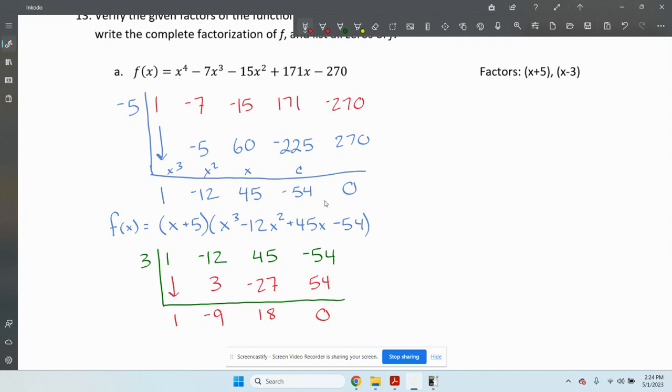So I can write: this thing is the same as x plus 5 times x minus 3 times, these are constants, x squared minus 9x plus 18.